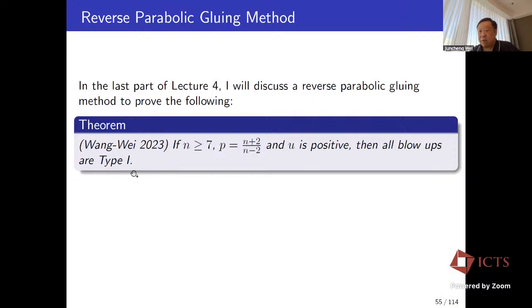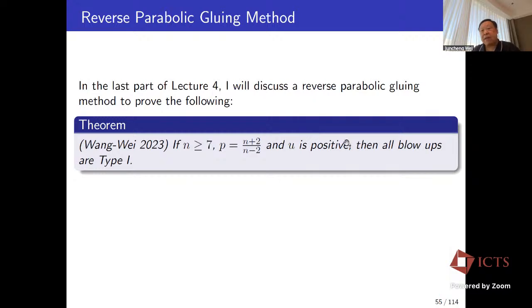So there is no type 2 blowup if u is positive for n greater than 7. Here we don't assume any energy; u is just bounded, okay? And we prove that all blowups are type 1, with no energy restriction.